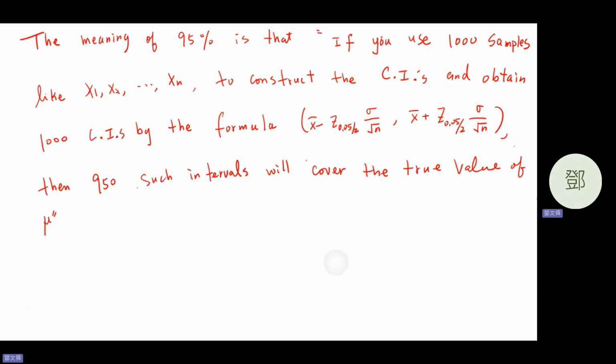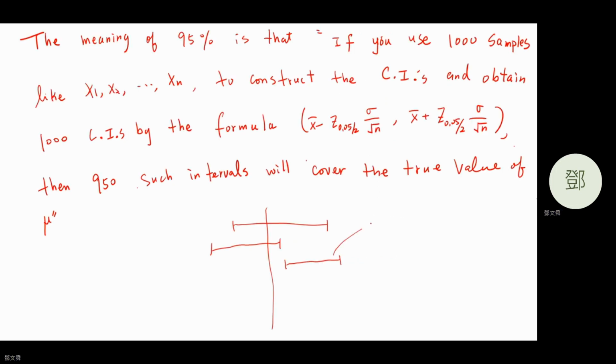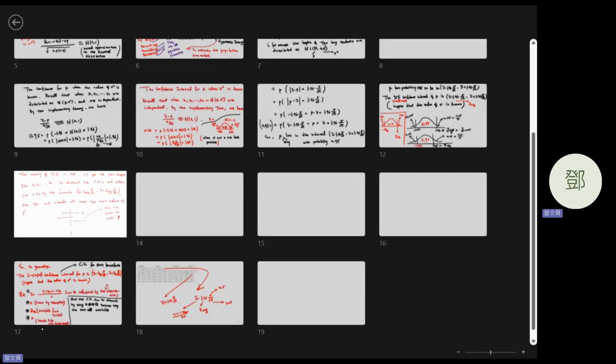For example, confidence interval, confidence interval, confidence interval. This one failed to cover. This one failed to cover the true value of mu. But the others do, right?